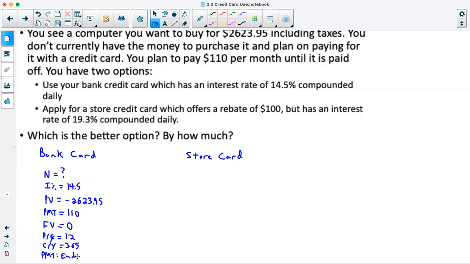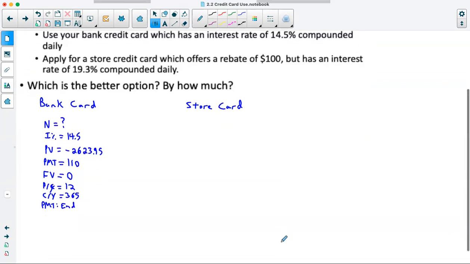Now we'll exit the TVM solver, go back into it, and select solving for N. And we get that N is equal to 28.34. Essentially that's how many payments we make.